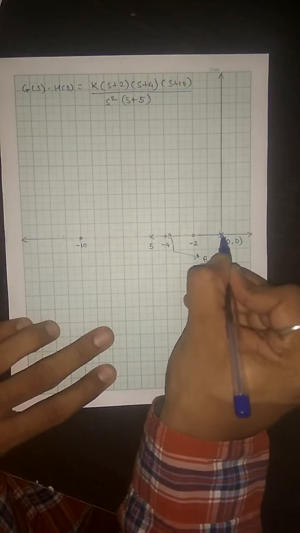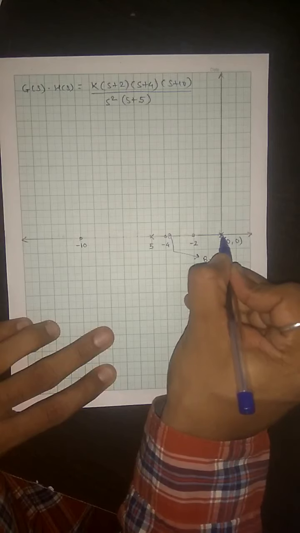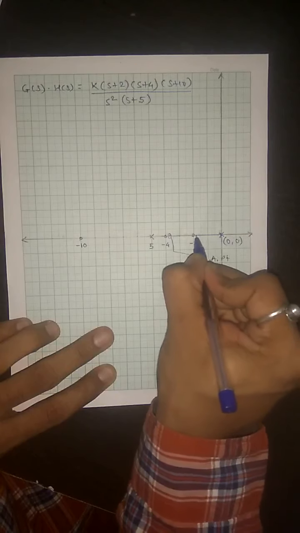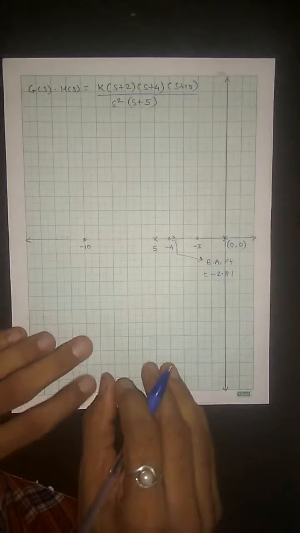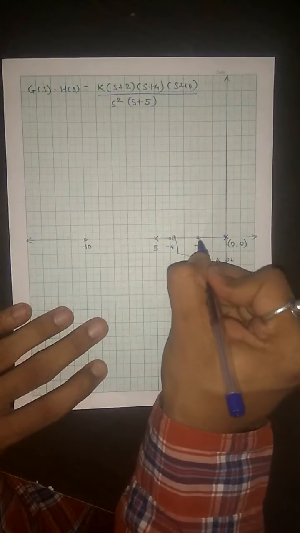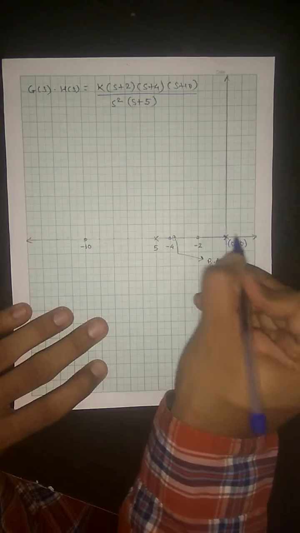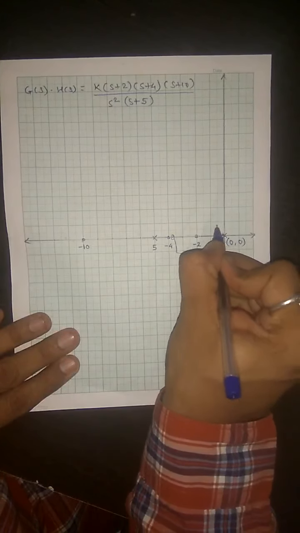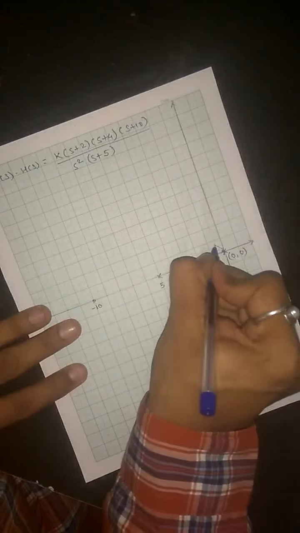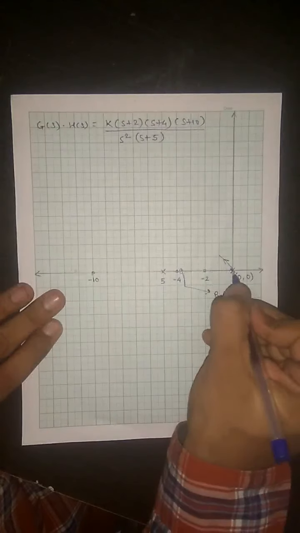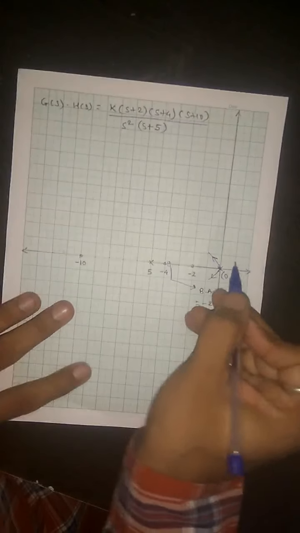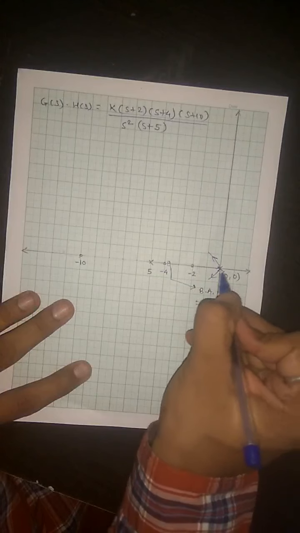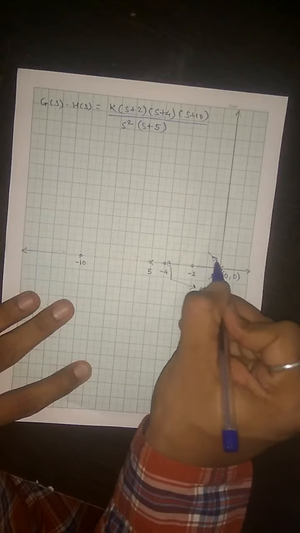That means from these two poles the root locus can't travel in this direction as well as in this direction along the x-axis. So due to the restriction of step number 2, we should draw the root locus like this. Two branches will start from the two poles.